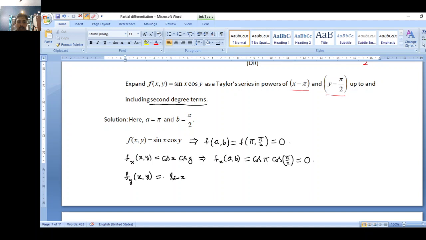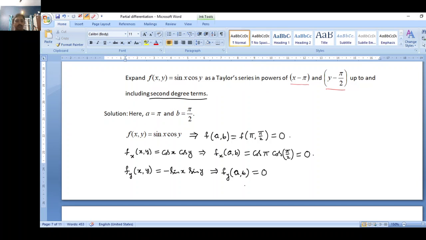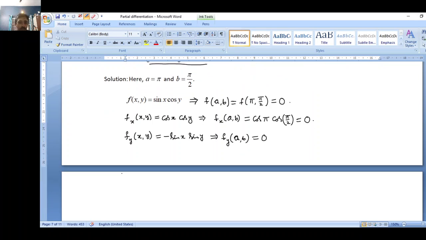Sin x will remain same, but cos y will become minus sin y. So accordingly fy of a comma b will be minus sin pi into sin pi by 2, which is again 0. Okay, you can verify it a little later on.